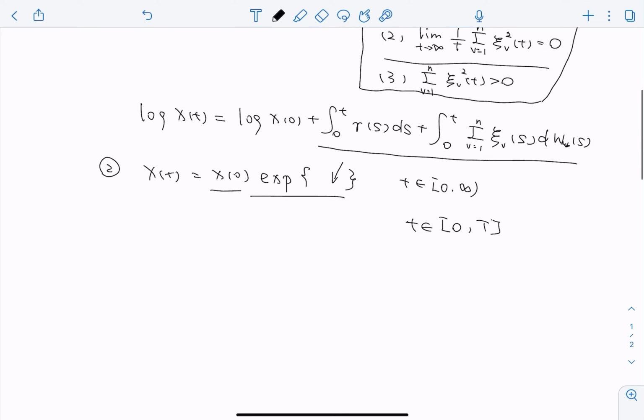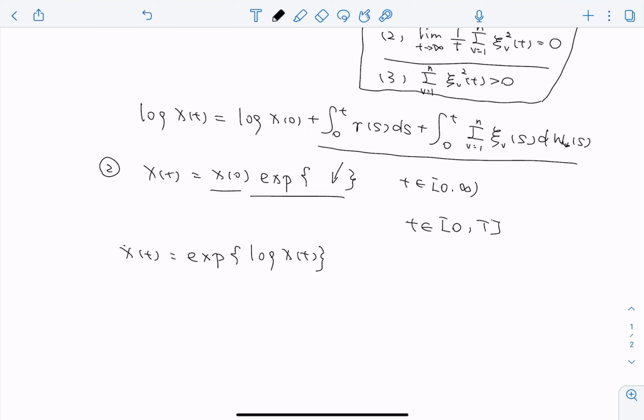By Ito's rule, let's rewrite X of t as e to the log of X of t. That's obvious, right?